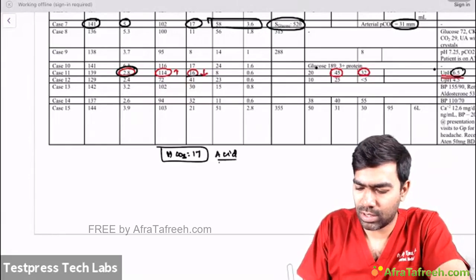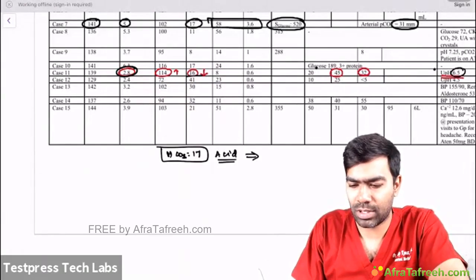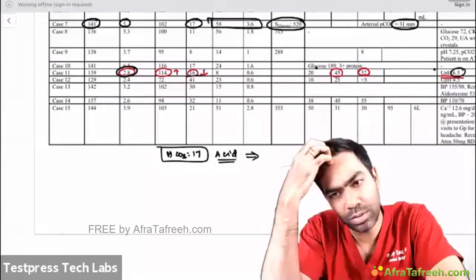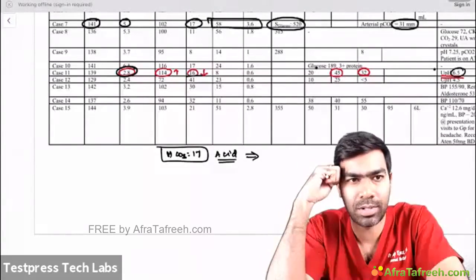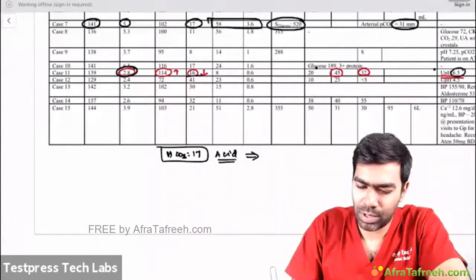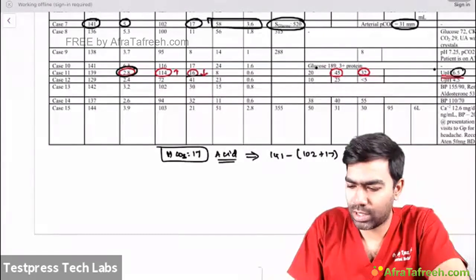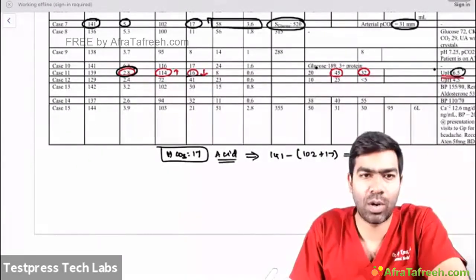Surely acidosis is there. So what is the acidosis? Here it's high anion gap metabolic acidosis or a normal anion gap metabolic acidosis? HAGMA or NAGMA that you're dealing with in this particular example? HAGMA. If so, what is the anion gap? You have sodium of 141 minus chloride of 102 plus 17 is equal to, I think, 20. 20 is the anion gap. So definitely this patient is having a HAGMA without a doubt.